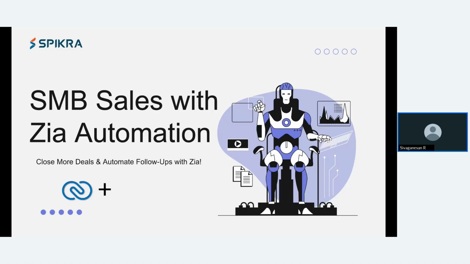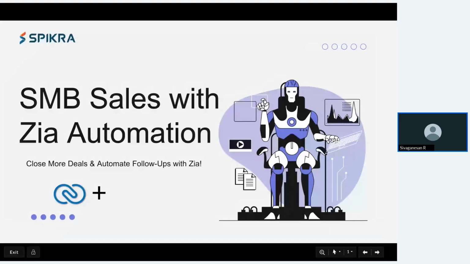Today in this session, we are going to see how Zia can work for SMB sales. As you know, everyone is familiar with SMB sales, because most people run SMB sales in some form: selling products online, working as a freelancer for custom application development, or working as a personal trainer for a gym.